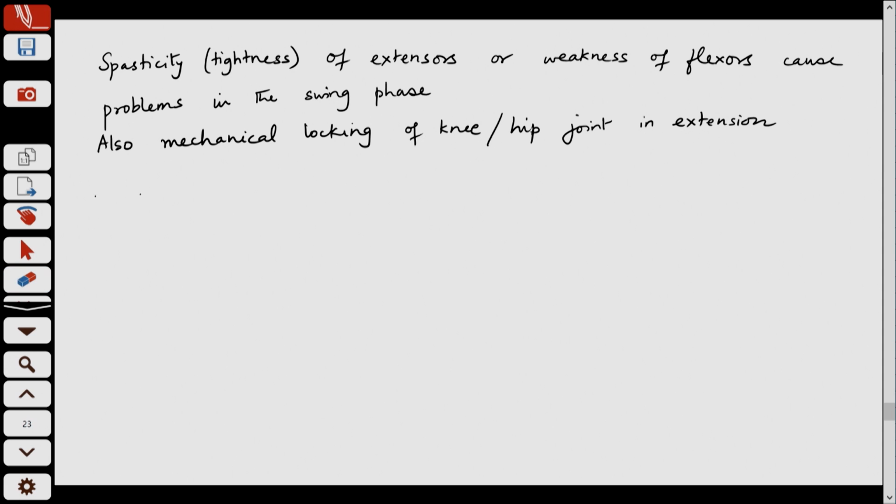So, in many cases what they will do is they will lock the knee in full extension. So, weight bearing is there, but that will affect the ability to swing, because that knee is locked, and that is why they will have to adopt some compensatory strategy.